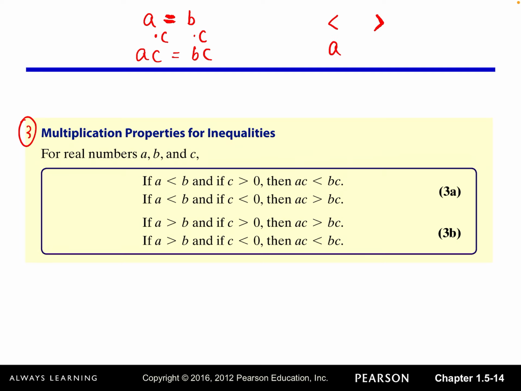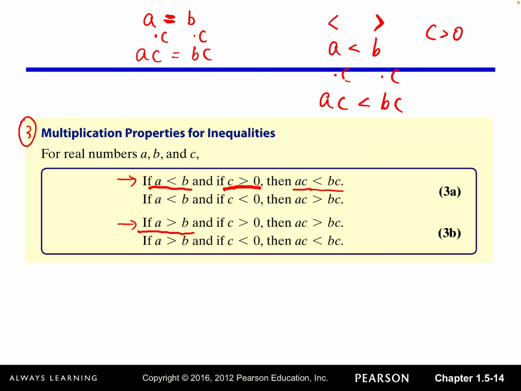If both sides are multiplied by the same positive number C, then with A less than B, AC is still less than BC.